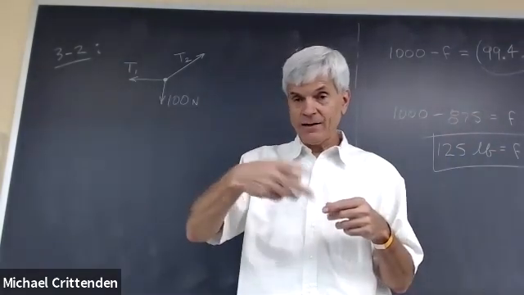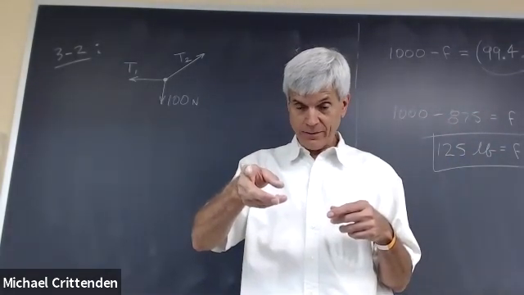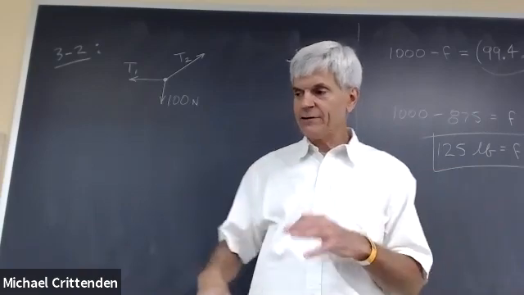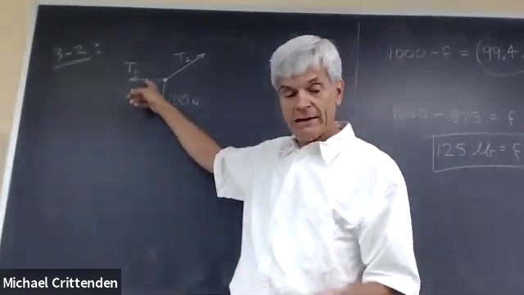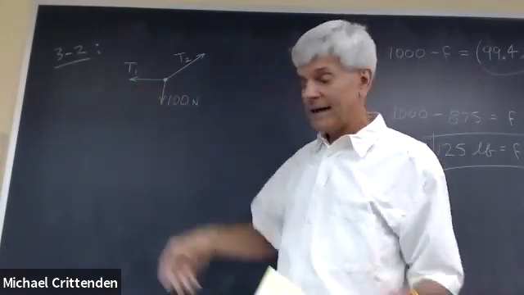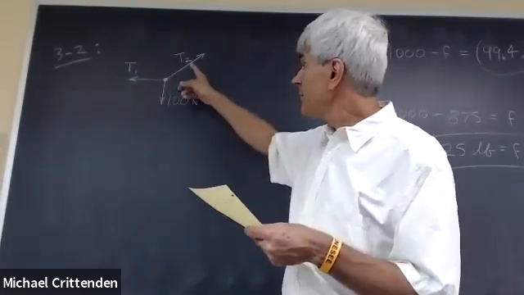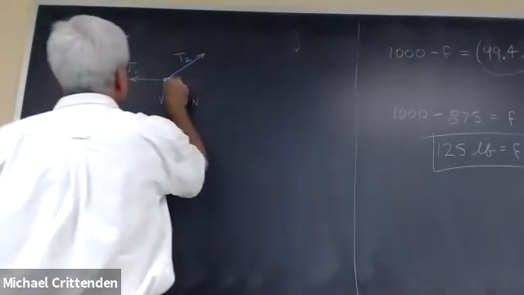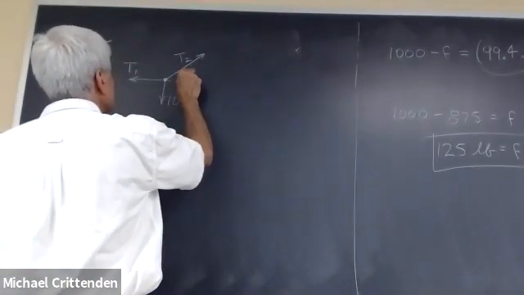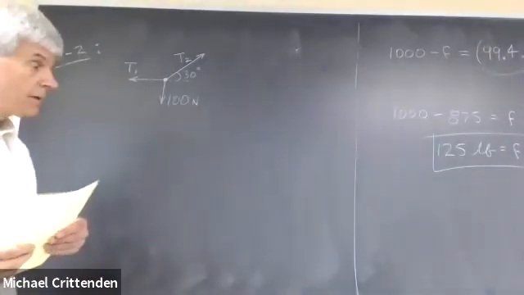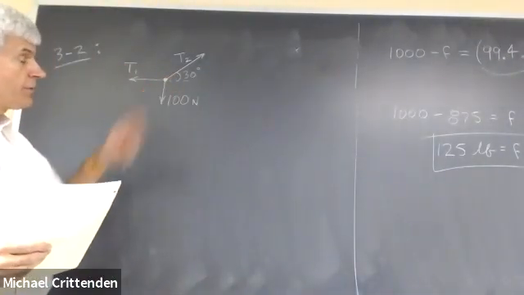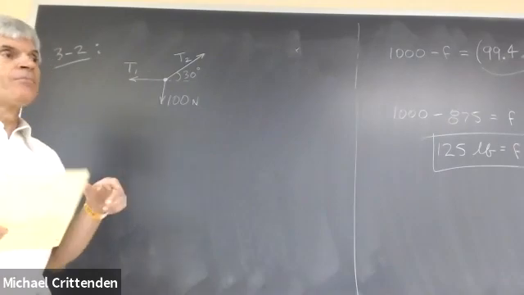Furthermore, you can't push anything to the side with them either, okay? Strictly in tension. So if this rope is horizontal, the force it exerts on that knot is horizontal. And if this rope is 30 degrees above the horizontal, then the force it creates is 30 degrees above the horizontal.